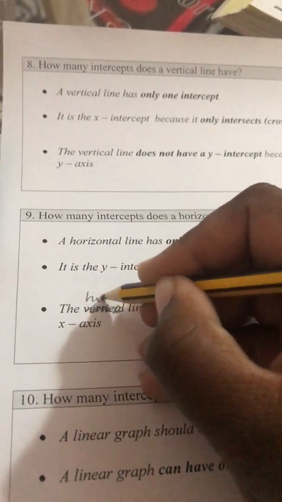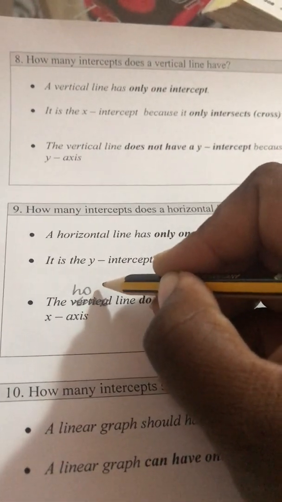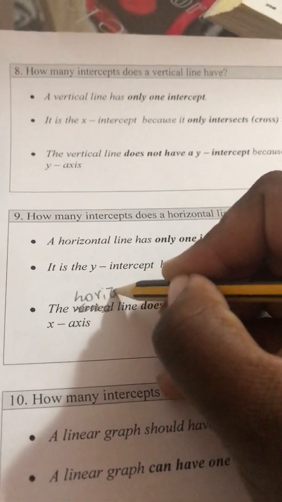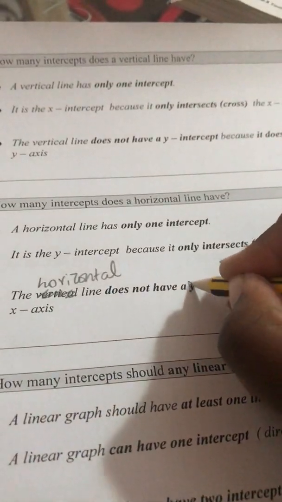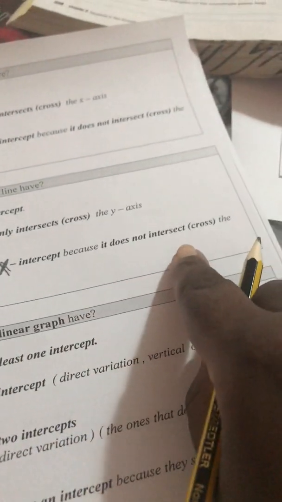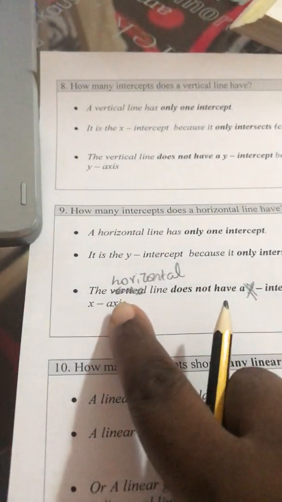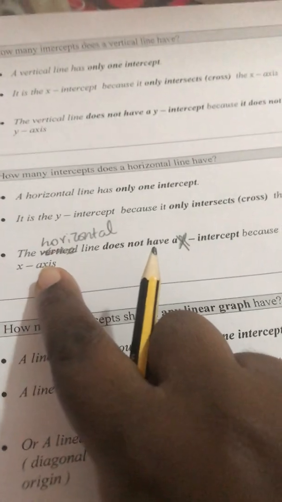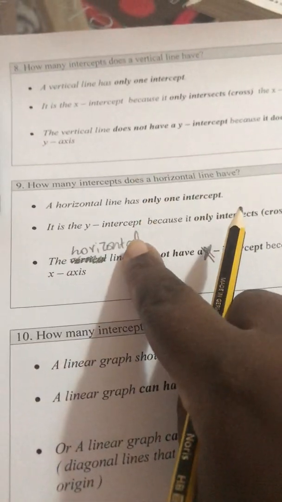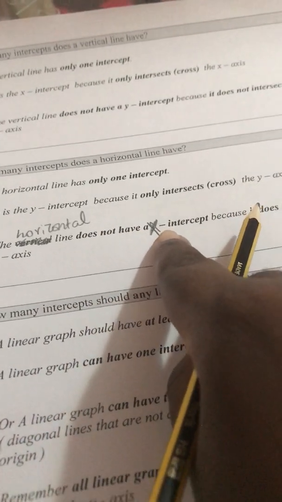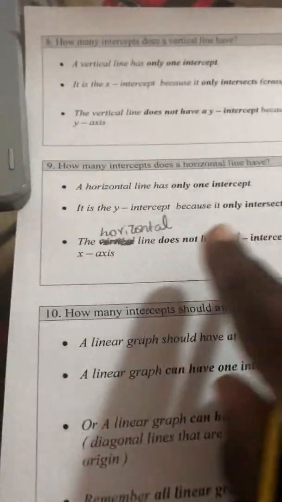The horizontal line does not have an x-intercept because it does not cross the x-axis. Okay? So change this to horizontal.